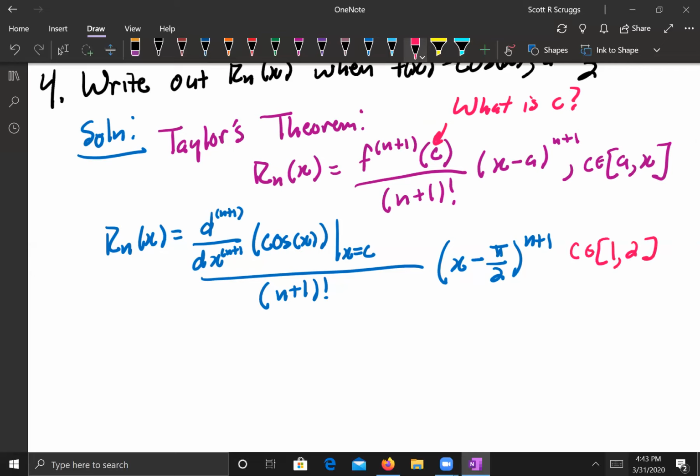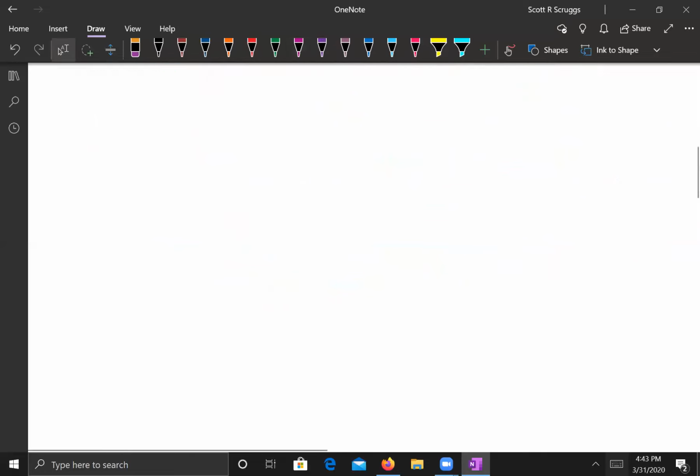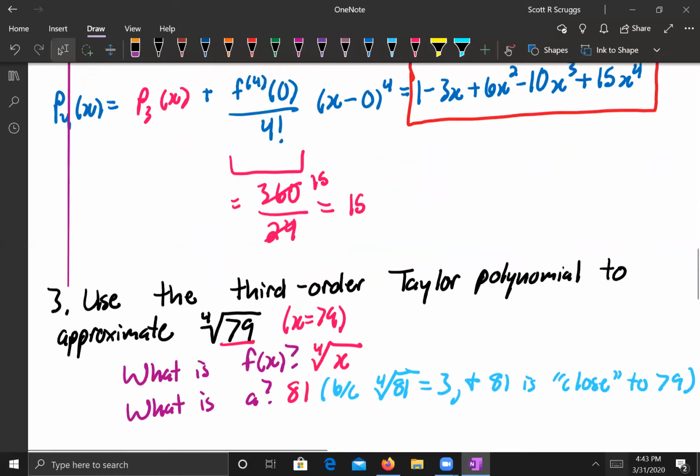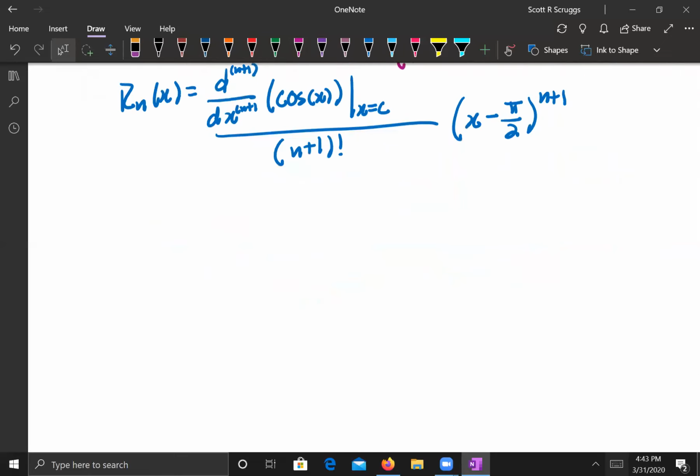Well, I have a lot of choices there for that value c, too many numbers to choose from, where I don't like that, and so we have to do better than that. Which is why the next part of the game is trying to estimate the remainder.